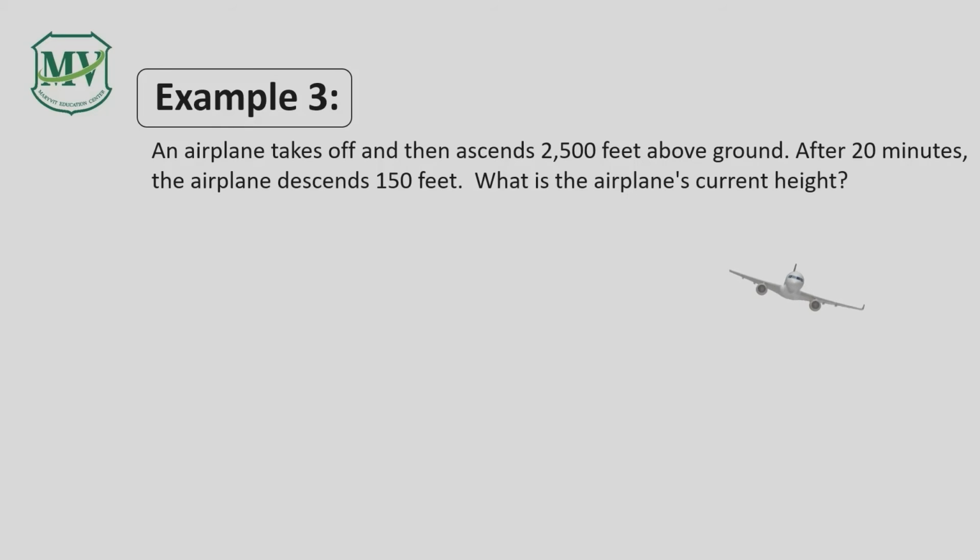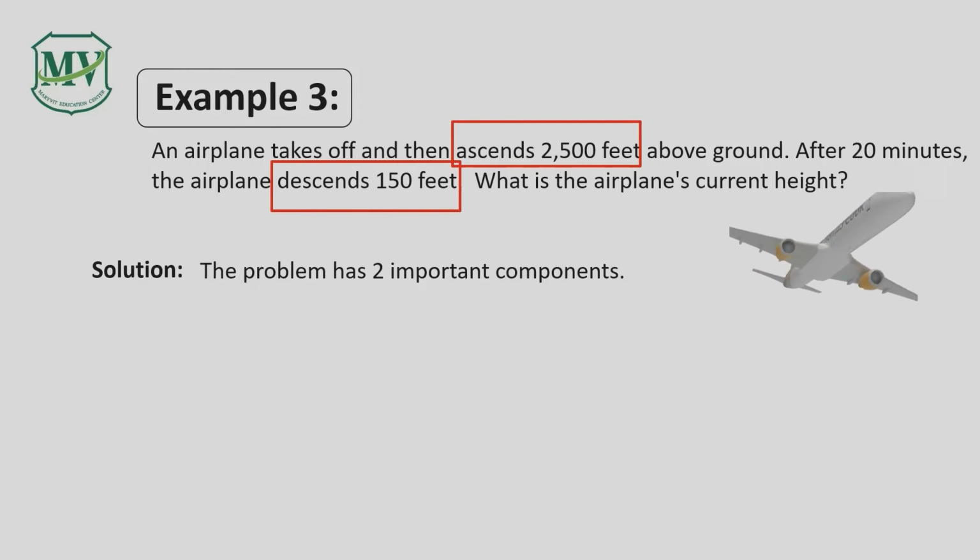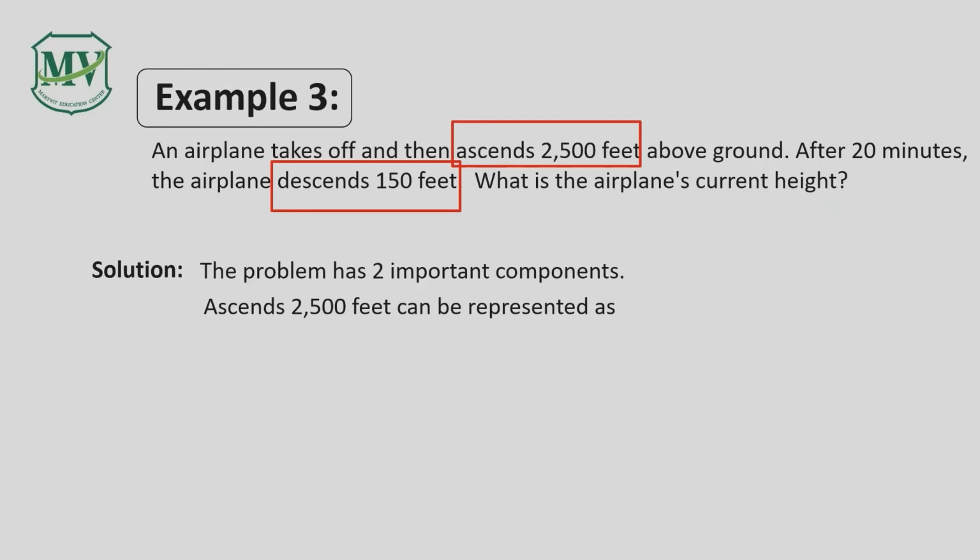Example number 3. An airplane takes off and then ascends 2,500 feet above ground. After 20 minutes, the airplane descends 150 feet. What is the airplane's current height? The problem has 2 important components: ascends 2,500 feet and descends 150 feet. Ascends 2,500 feet can be represented as positive 2,500.